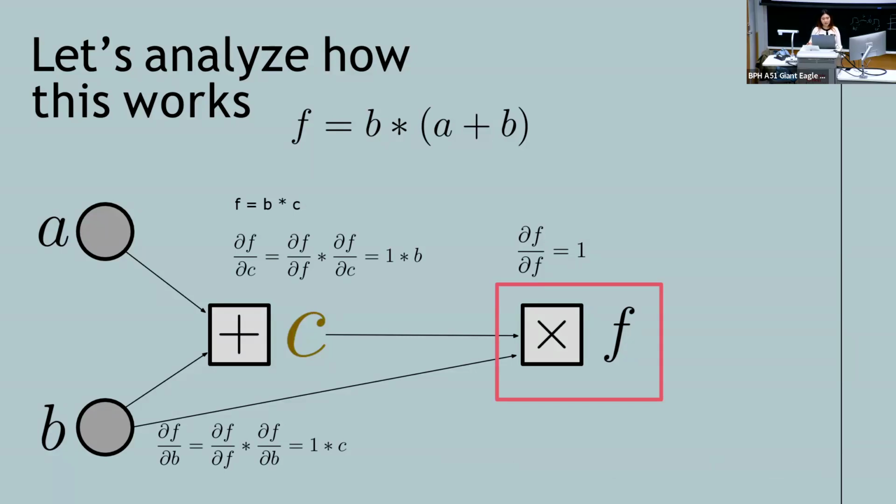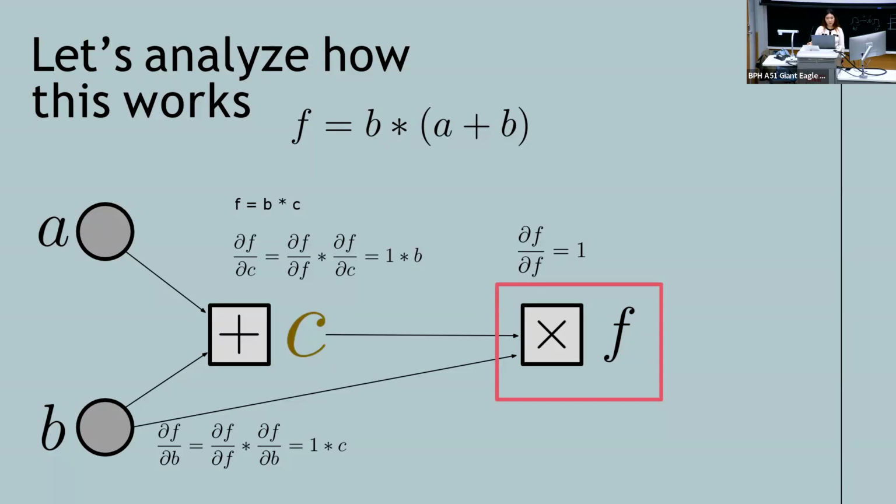Because f equals b multiplied by c, the gradient of f with regards to c, using the chain rule, is the gradient of f with regards to f multiplied by the gradient of f with regards to c, that is 1 multiplied by b.